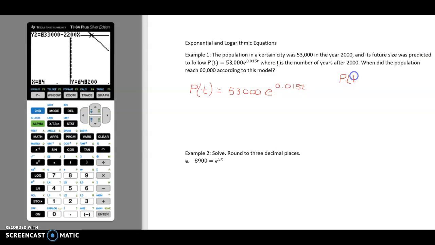We have P of t, that's the output, and our input is t. P of t, according to the problem, is the population in the certain city. The population is modeled by this equation, so that's going to be P of t. And t is the number of years after 2000.